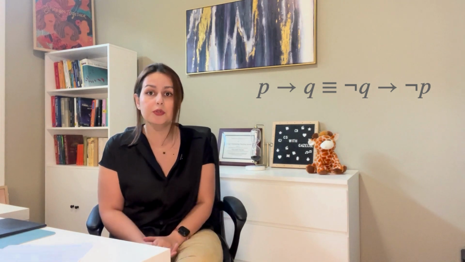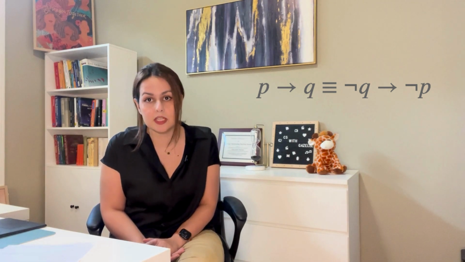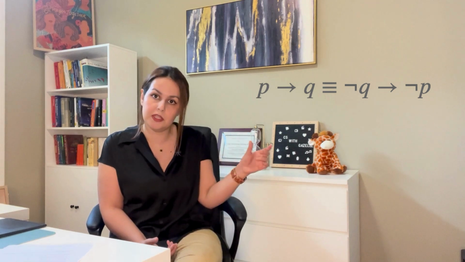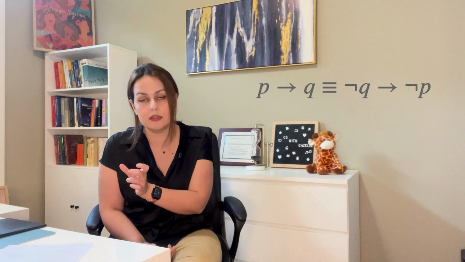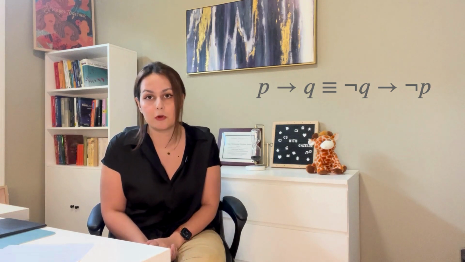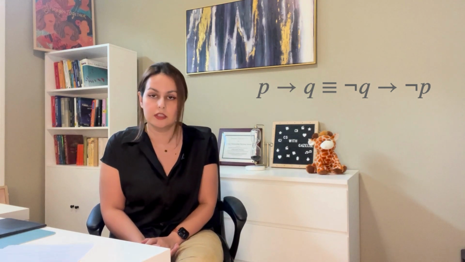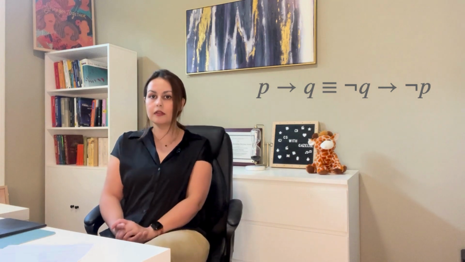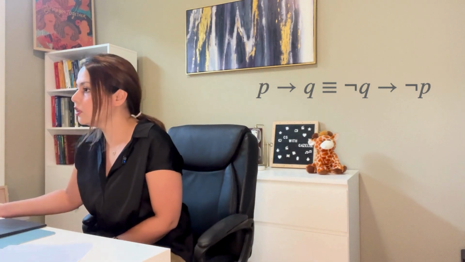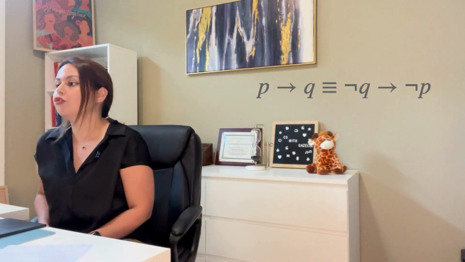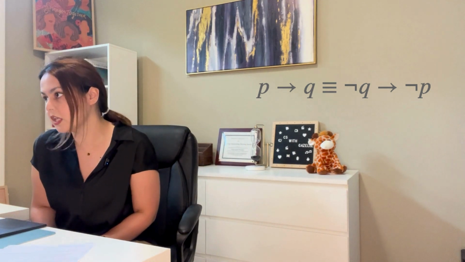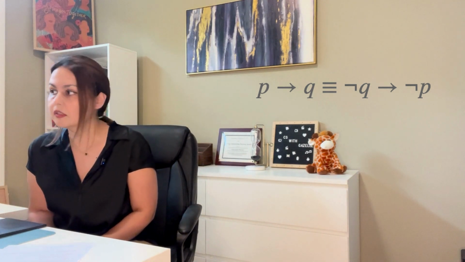So since the 2 statements are equivalent, I mean P then Q and not Q then not P, sometimes it is easier for us to use not Q then not P. Let's see an example. The example for contrapositive that we have is showing if n squared is odd, then n is odd.